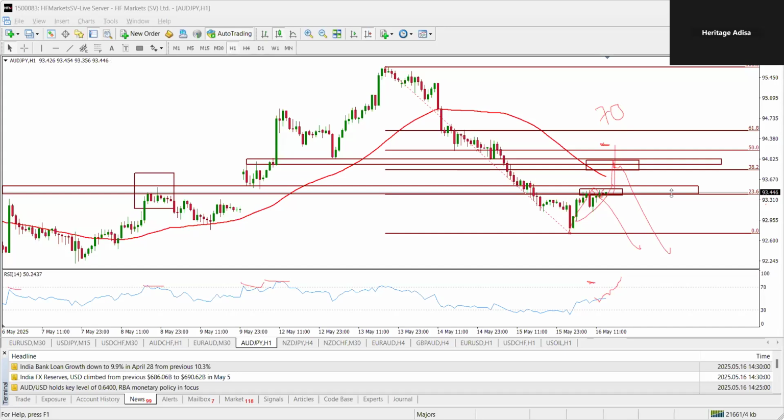My answer to this is it is better to reduce your volume or lot size than to cut short on your stop loss pip placement. It is better to reduce your volume.